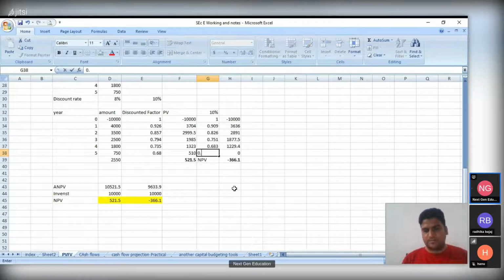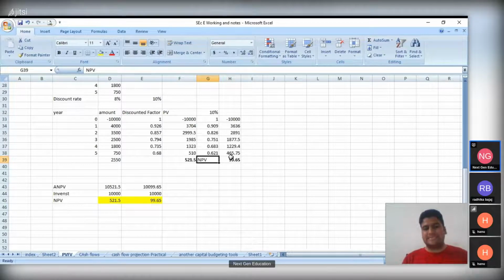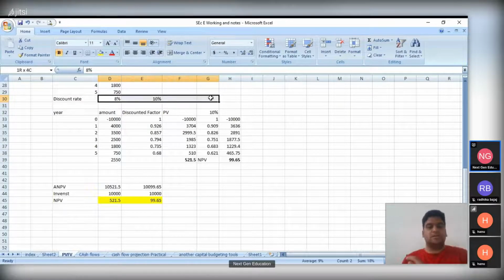Last one, 0.621. All right. So you can say at the rate of 10%, we are still positive but with a very low amount. That's why I told you, if the discount rate increases, your NPV decreases.